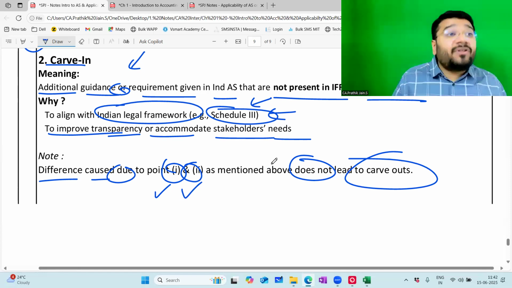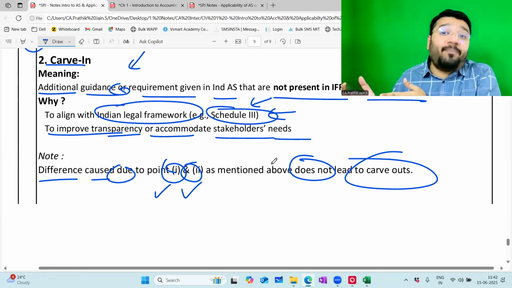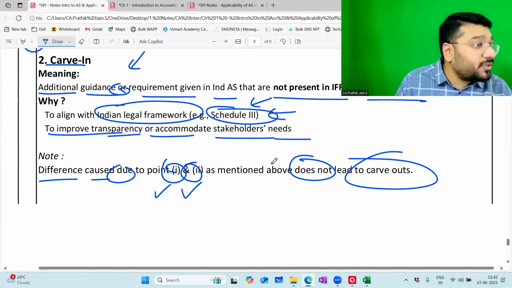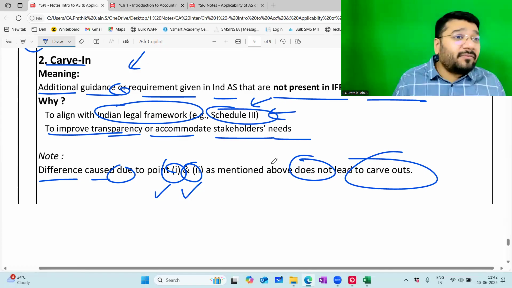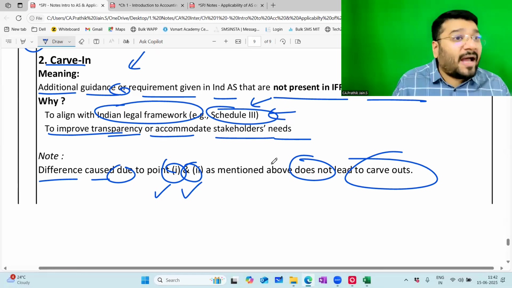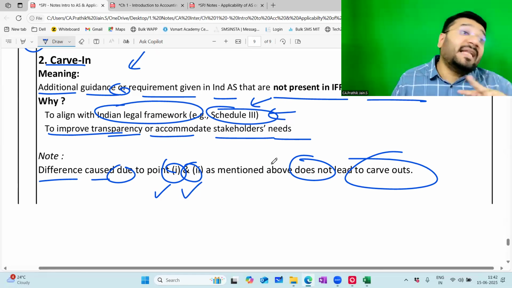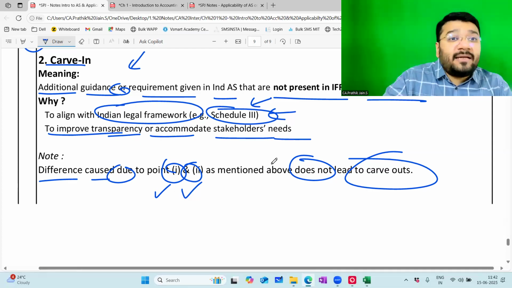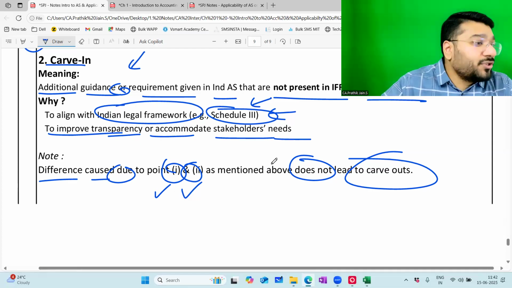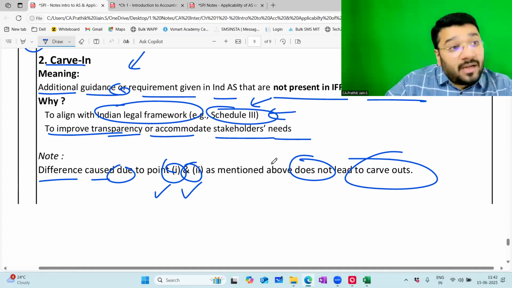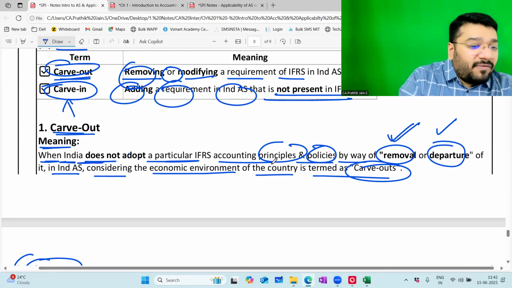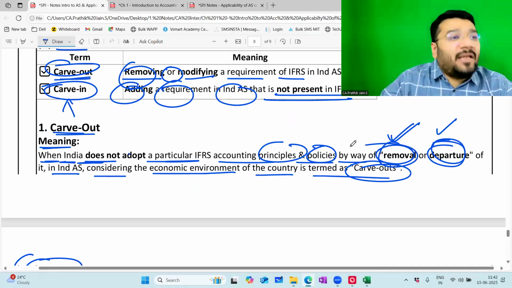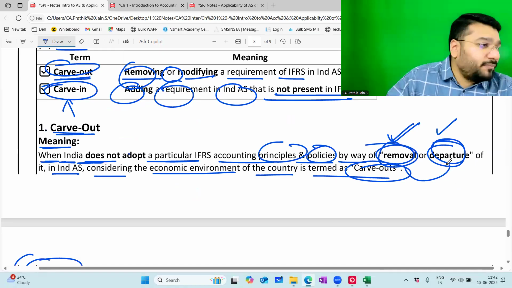We are completely removing the point given by IFRS, or the point is completely modified compared to what is given in IFRS. So either we are completely removing it or significantly modifying it. These two will be treated as carve out. So the first 2 points will not lead to carve out. The third point, a significant deviation, departure, or removal of that particular point, both will lead to carve out. Yes, Purvi.